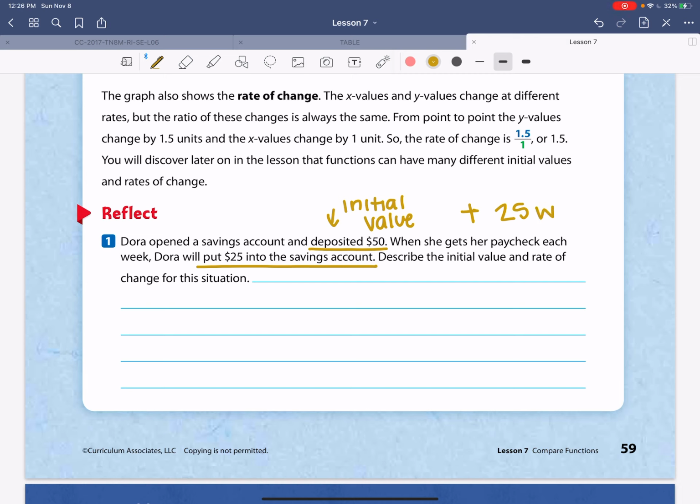So describe the initial value and rate of change in this situation. So the initial value, of course, is going to be the amount that Dora deposited when she opened the account.